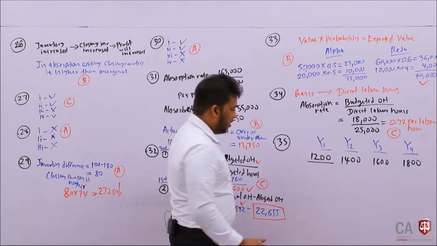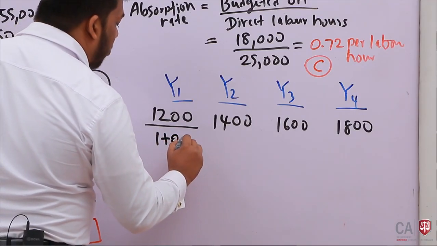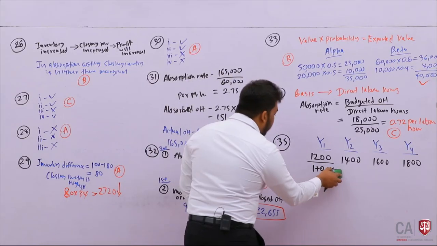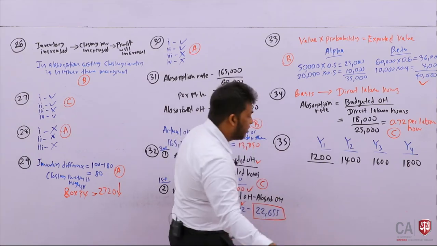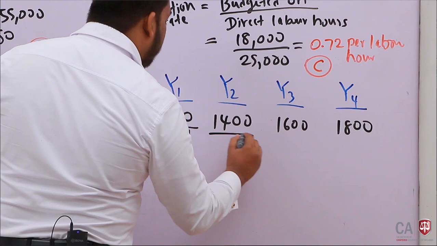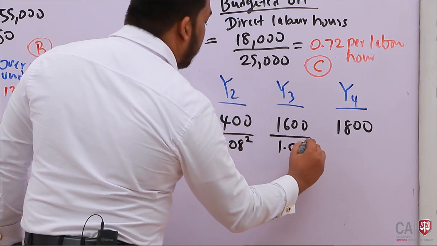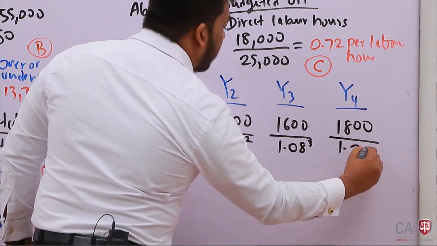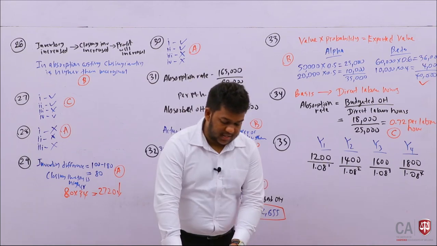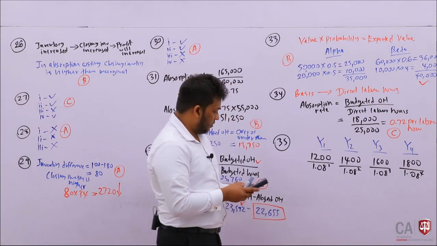So 8%: 1 plus r is 1.08. 1.08 to the power 1, 1.08 to the power 2, 1.08 to the power 3, 1.08 to the power 4. So you have to get the answers now.